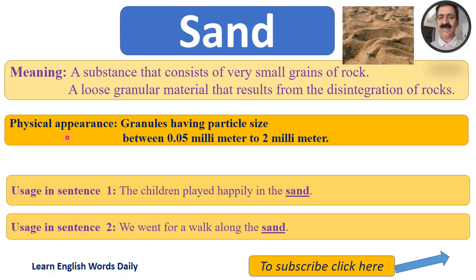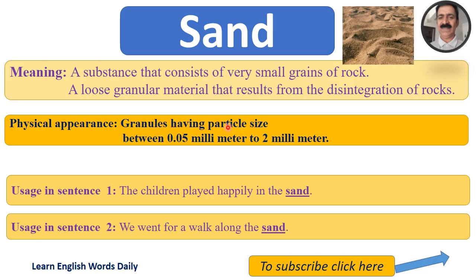Coming to the physical appearance of sand, the granules which have a particle size between 0.05 millimeter and 2 millimeter are called sand. That means when the rock disintegrates, it results in small granules or particles.